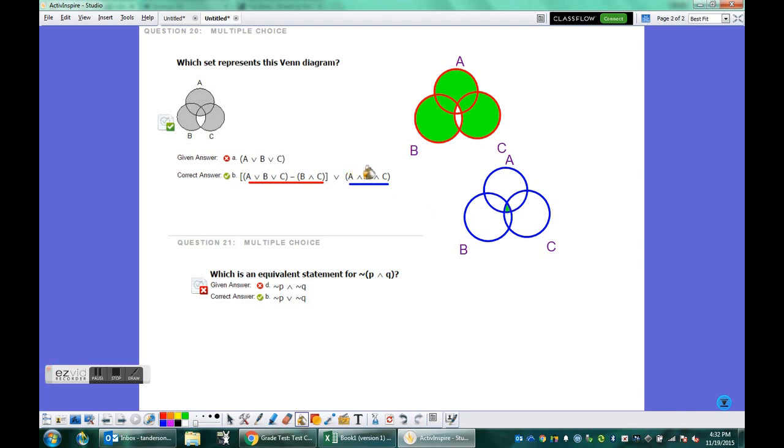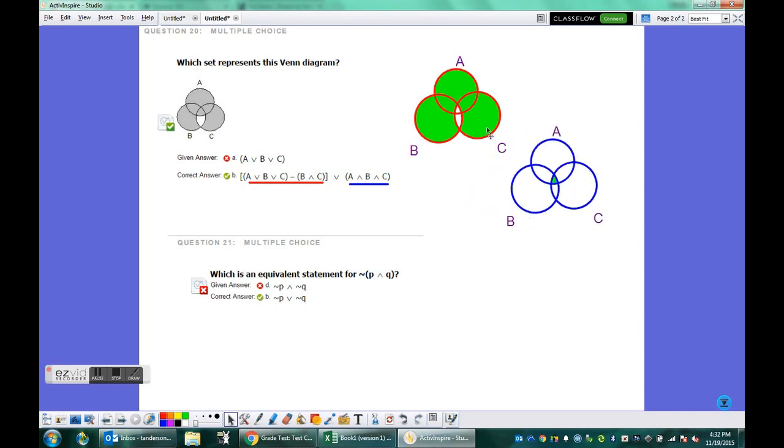So when I say A and B and C, I've got to be in all 3 circles at once. If I had the or statement, that means I could be in either A or B or C. But this one, you'll notice it says and, so that means I got to be in all three at the same time.